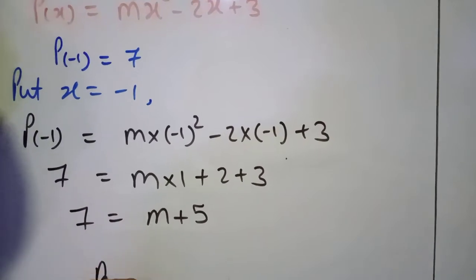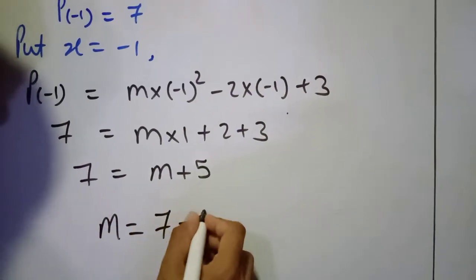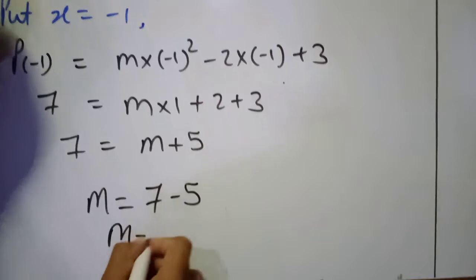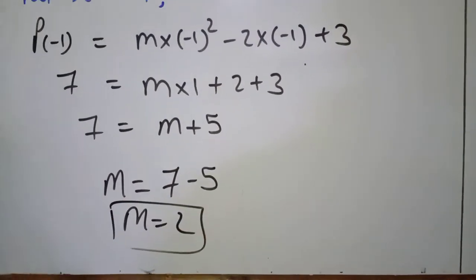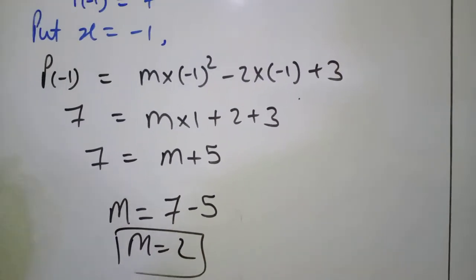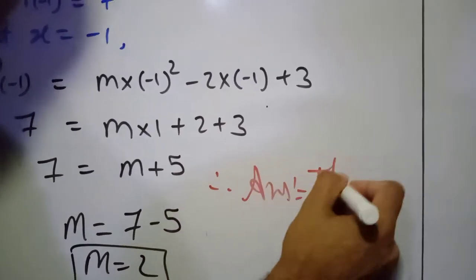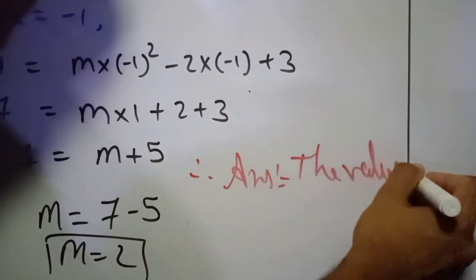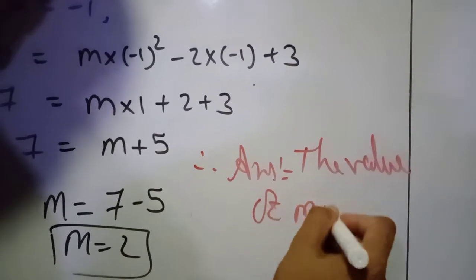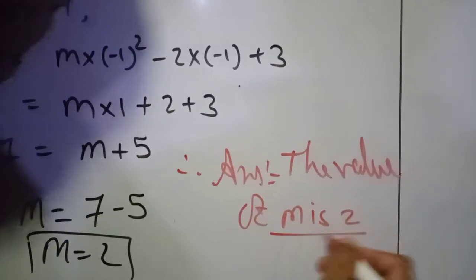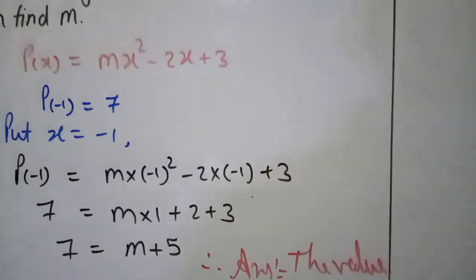So it will become m is equal to 7 minus 5, m is equal to 2. Therefore the value of m is 2. This way we have to consider our answer.